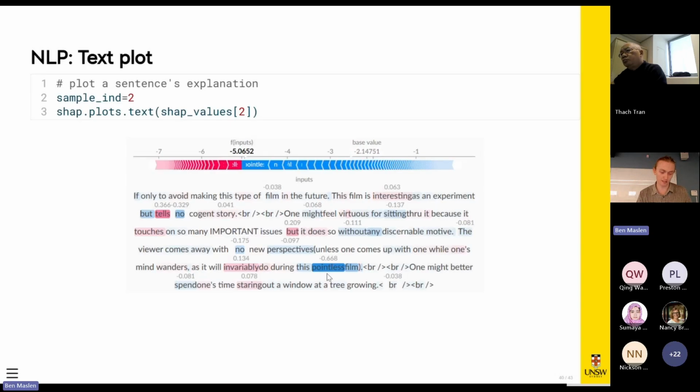The word pointless really made that more negative. It's a very negative adjective. Then tells and interesting, those are positive words that are making the model think maybe this is a positive review. You can see it takes the position of the words in the paragraph into account. So no here has a different SHAP value to no down here.